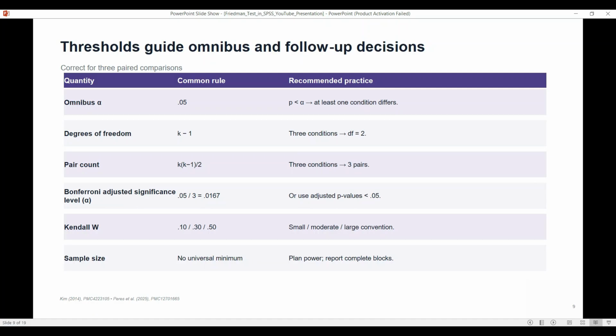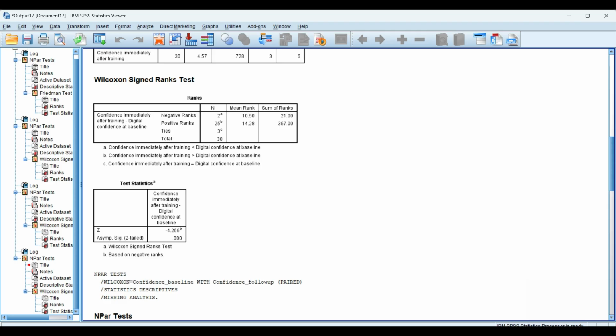So in all cases the p-value is lower than the Bonferroni adjusted significance level. So we can simply say that there is a statistically significant and very large improvement across all these measurement occasions. These findings provide strong evidence that the training was associated with a substantial and sustained improvement in participants' mean digital confidence. So in this way we conducted the Friedman test using post-hoc tests with different levels.